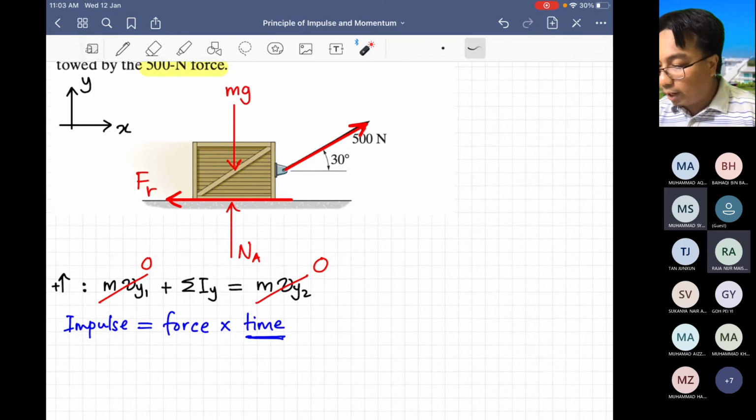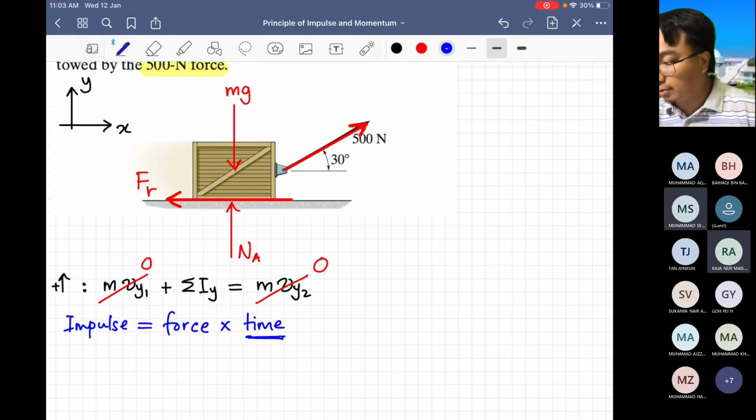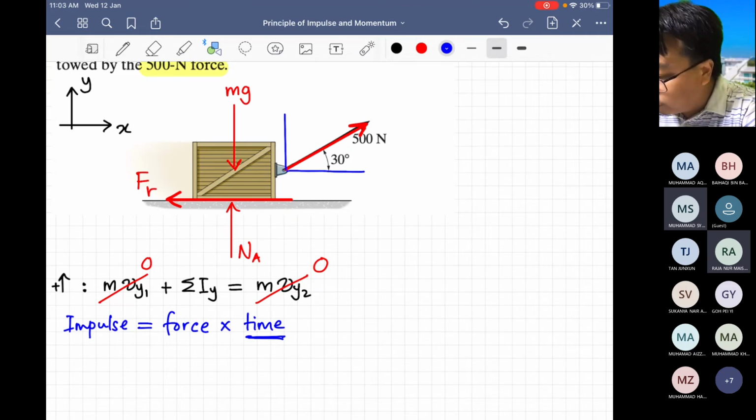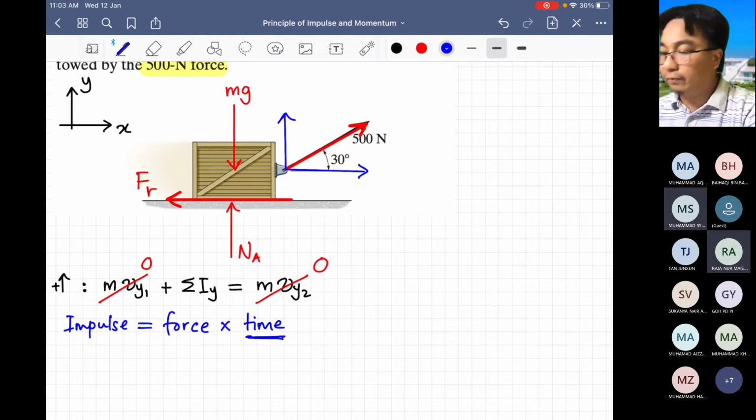So what is the force in y-axis? We have two forces. Sorry, we have actually three forces. So I have to calculate the component also of this force. Okay, saya lupa tadi. This force 500 Newton kita kena break down into two components.